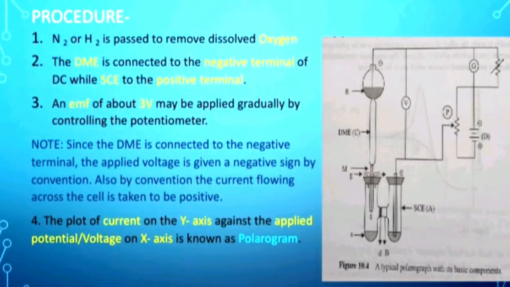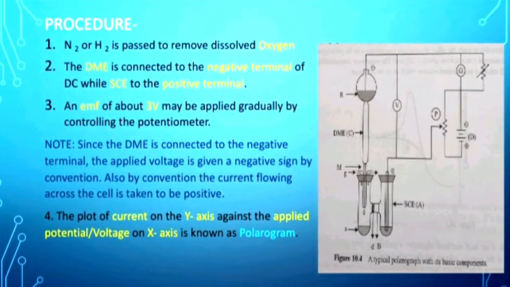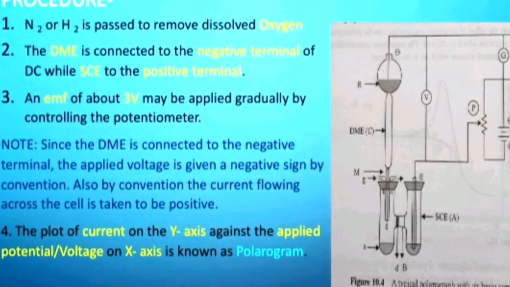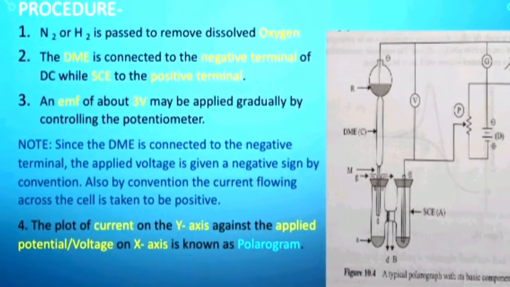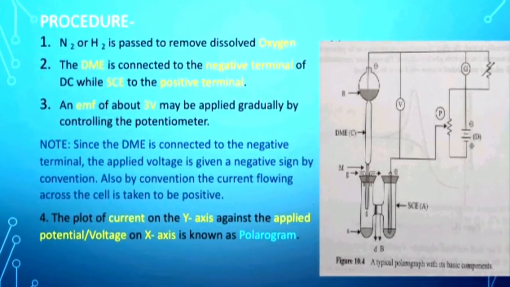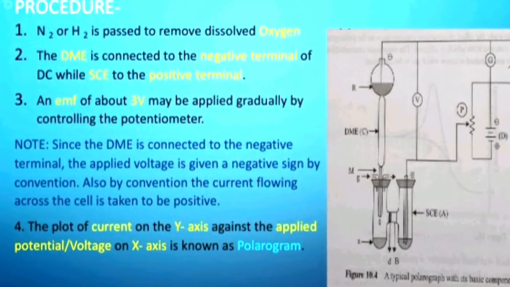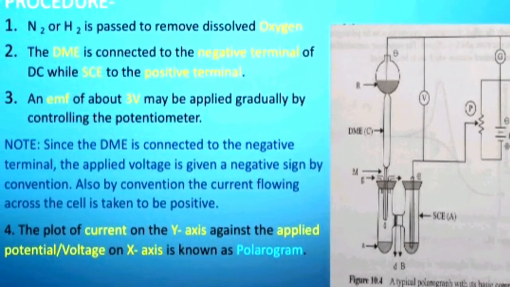Finally, after the procedure is followed, we get a current voltage curve by plotting a graph with current along the y-axis and applied voltage along the x-axis. This graph that is obtained finally is called a polarogram.